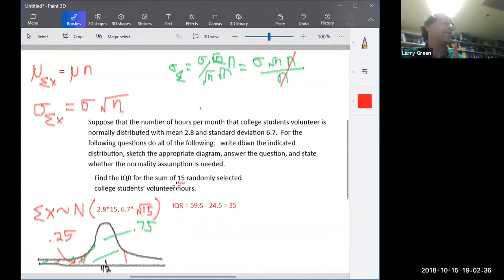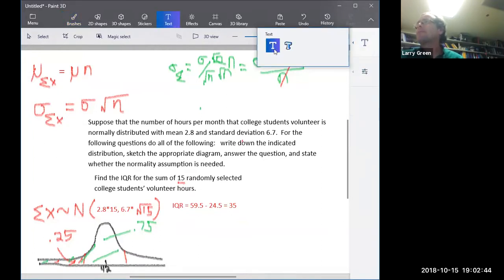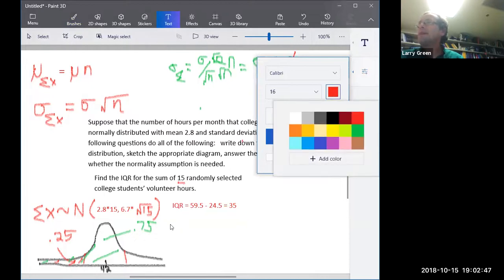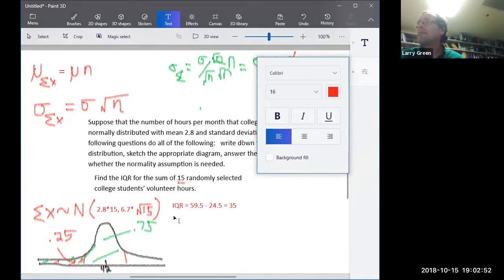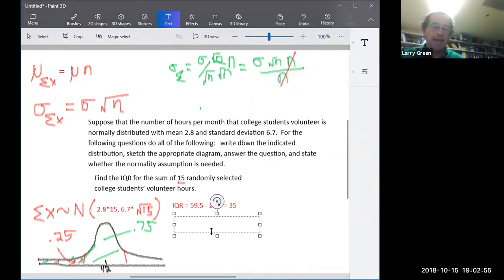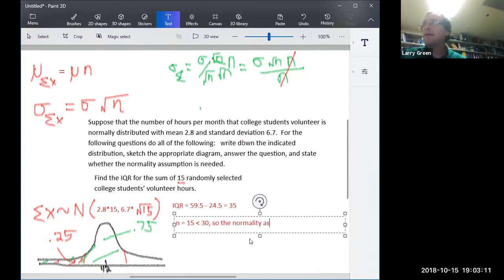Remember, if it's a yes-no question, don't even think about the number 30. But we can say right away that n is equal to 15, which is less than 30. So the normality assumption was needed.